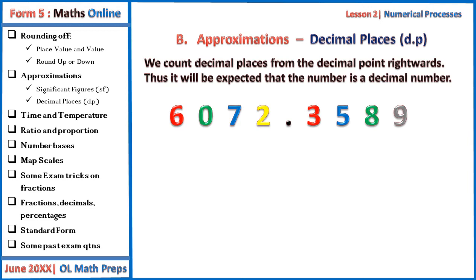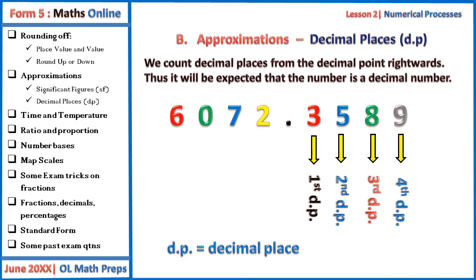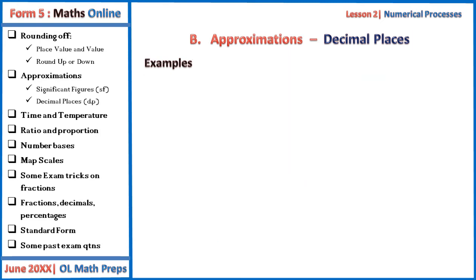If a number is not a decimal number, then it will not really make sense to be talking about decimal places or approximations. So the first decimal place is the first digit that occurs after the decimal marker or point. The second, the third here is 8, and the fourth is 9. Note that DP is an abbreviation for decimal place.